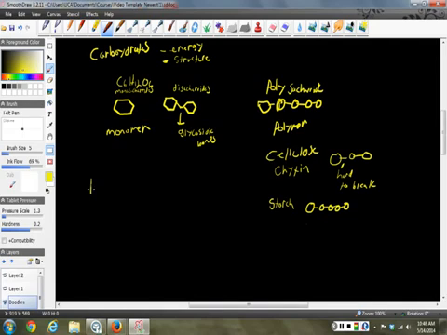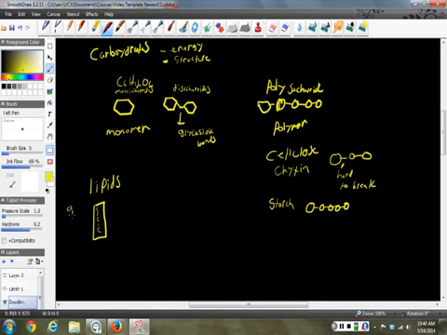Now, lipids are another type of molecule we want to talk about, and we're going to talk about fats especially. These have a lot of carbon to hydrogen bonds, which make them nonpolar, which means they don't mix well with water. And if we have a fat, I should draw this sideways, but see 3 carbons stuck together here.